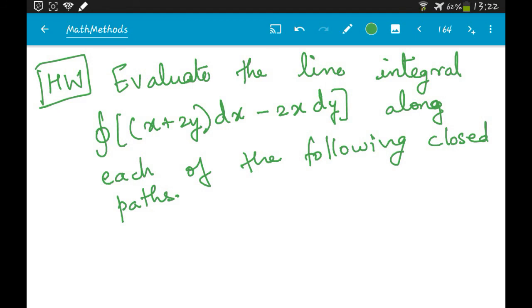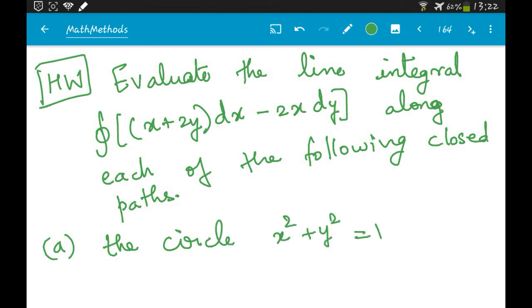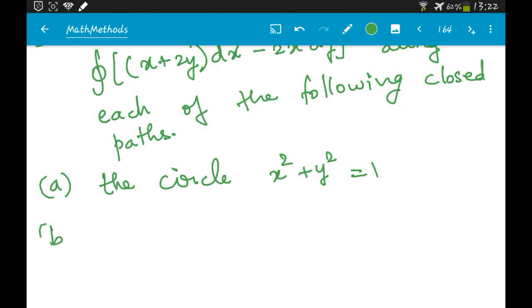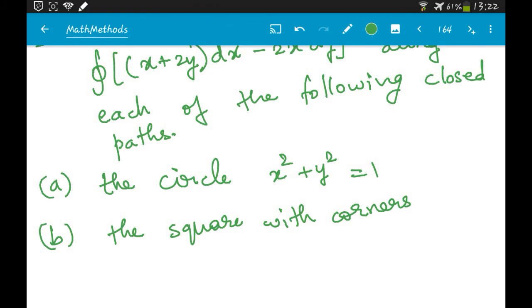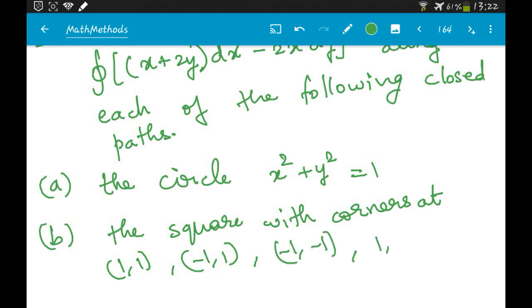Okay, so what are the closed paths? The first one is the circle, x square plus y square is 1. Then the second is the square with corners at 1 1, minus 1 1, minus 1 minus 1, 1 minus 1.